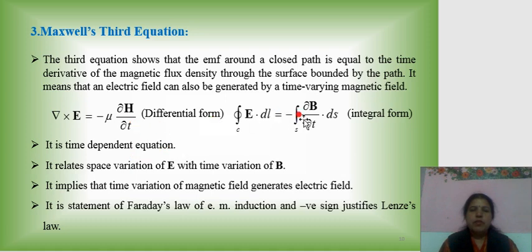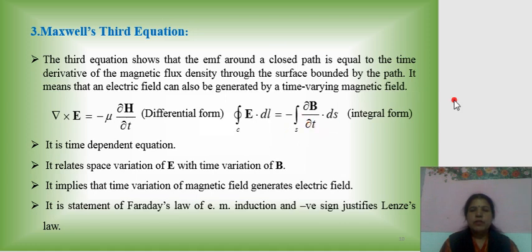It relates space variation of E with time variation of B. It implies that time variation of magnetic field generates electric field. It is the statement of Faraday's law of electromagnetic induction, and the negative sign indicates that the EMF produced is in opposite direction to the rate of change of magnetic flux density.